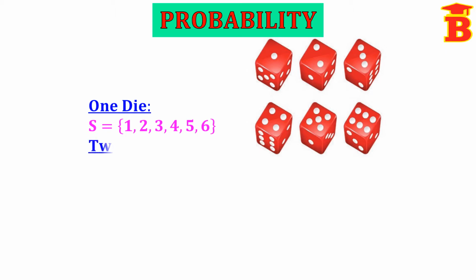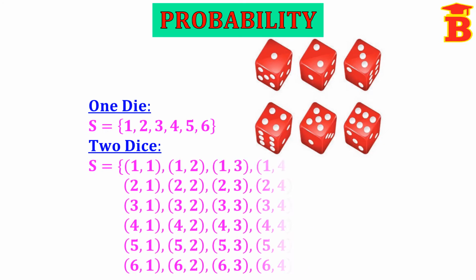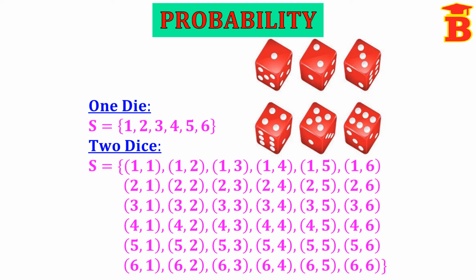Next, if 2 dice are thrown, then we have 36 possibilities like this. Starting from (1,1), (1,2), etc., we have to write up to (6,6). Here see the first bracket (1,1). The meaning is the first die shows 1 and also the second die shows 1.